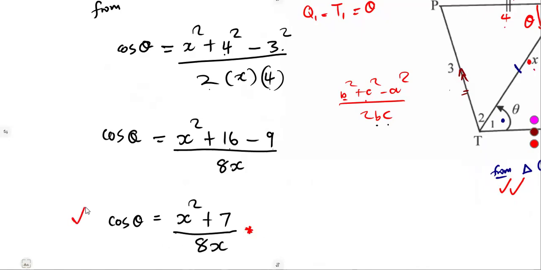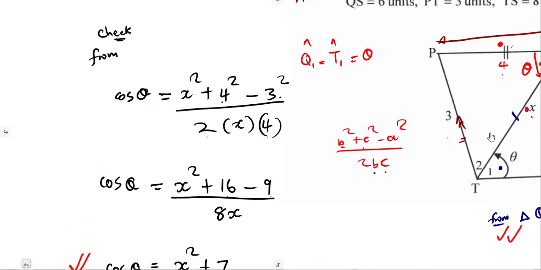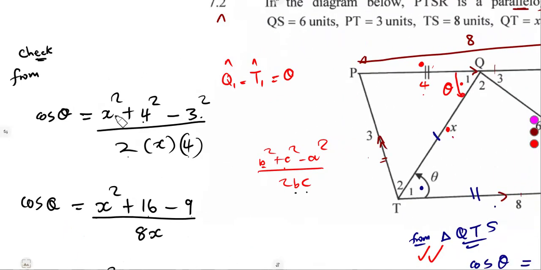Guys, we used the cosine rule in the exact manner that it is supposed to be used. Maybe you worked out the first part from this triangle, triangle PQT.